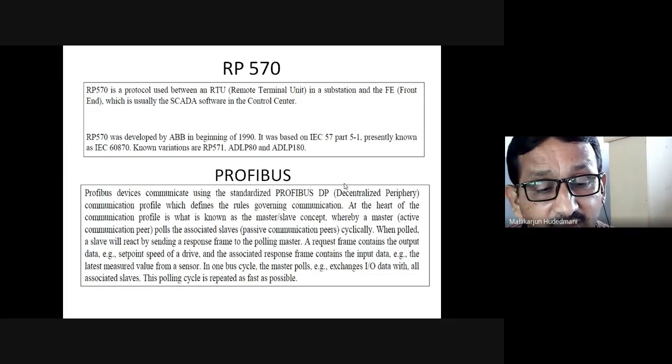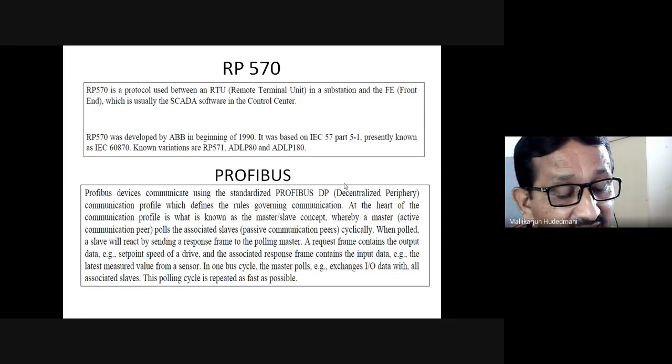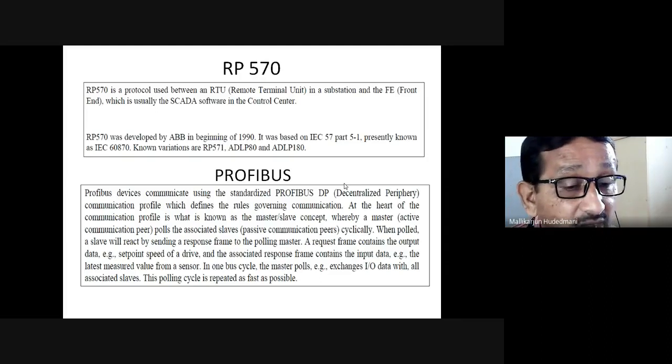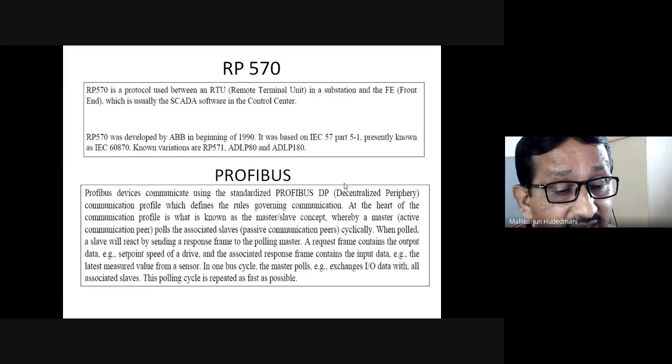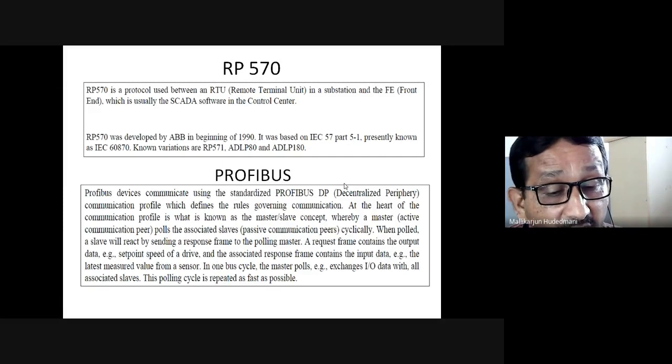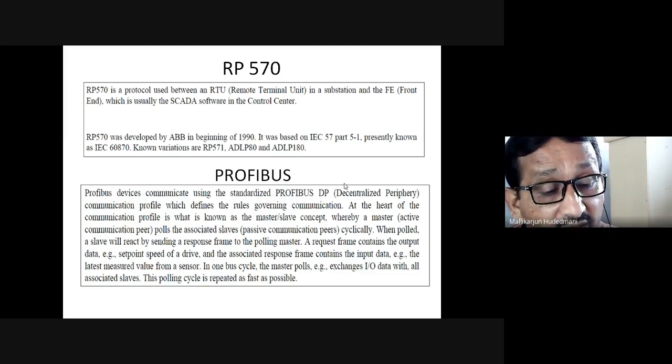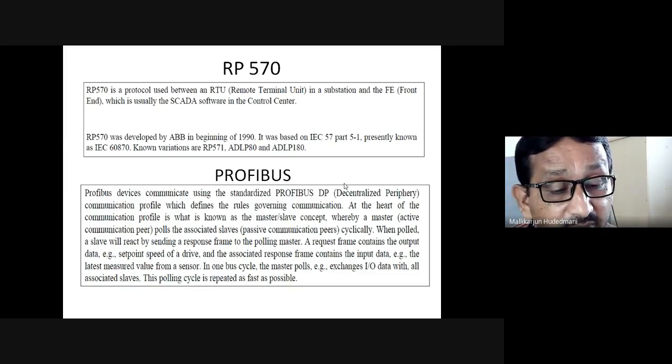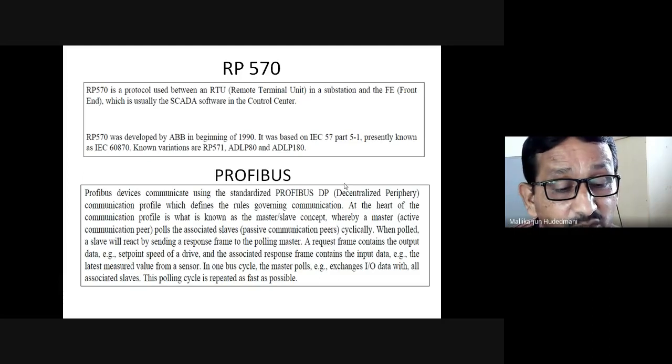Originally developed by ABB in the early 1990s, it took its reshape and is presently known as IEC 60870, which we were discussing earlier. Known variants are 60870-5-101, 103, 104, like that.